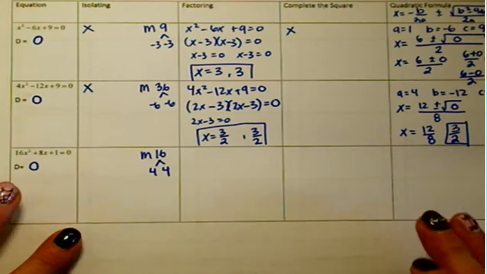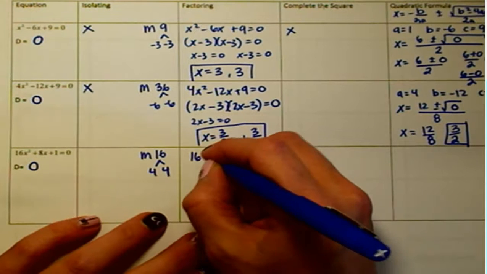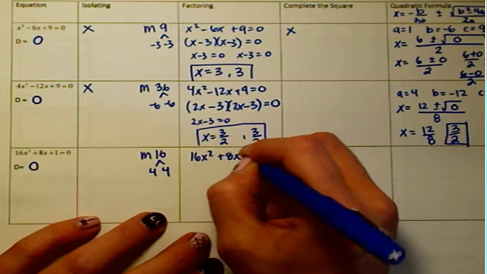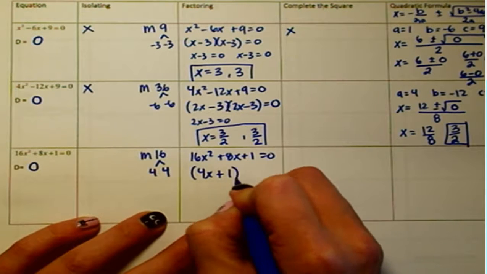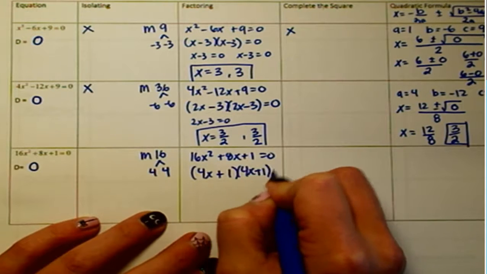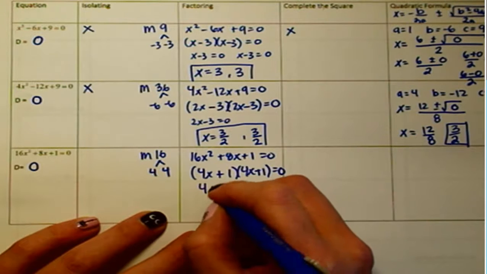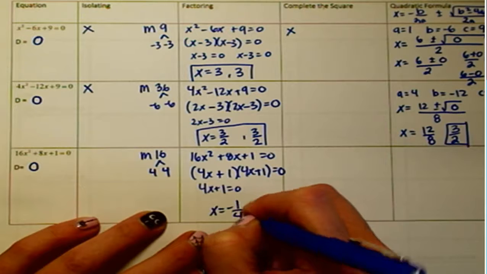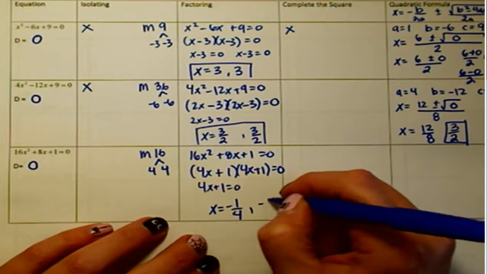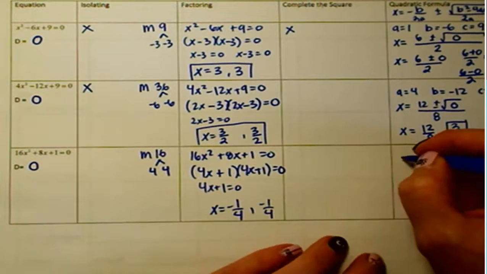Okay, so this one, multiply to 16 and add to 8. Notice how I got the same number? So it ends up being the same factor. So this time I get 4x plus 1, 4x plus 1. I set the factor to 0, and we get x equals -1 over 4, twice. All right.